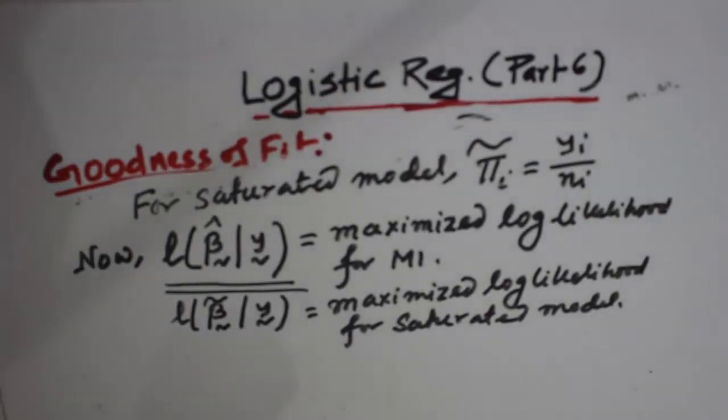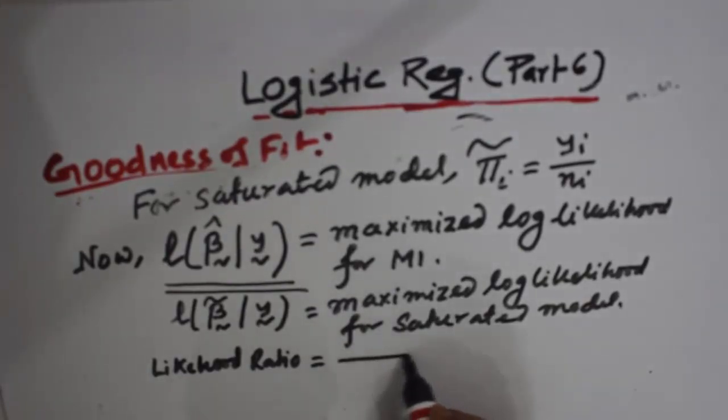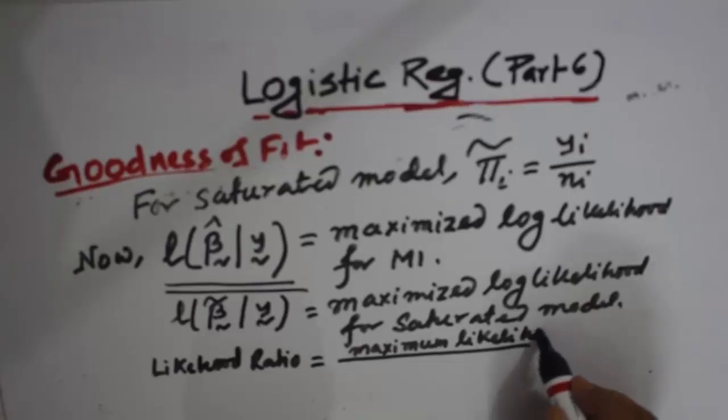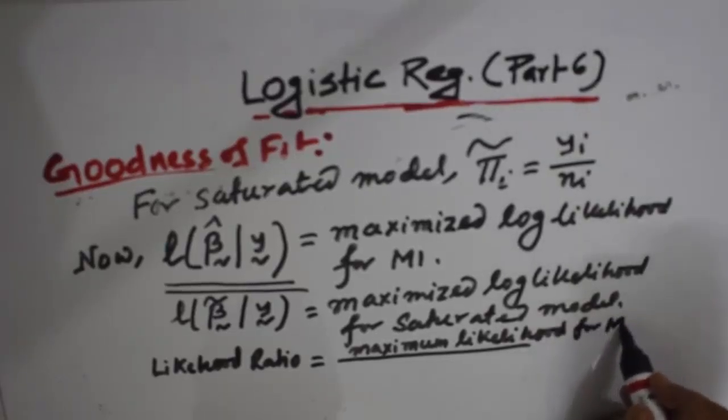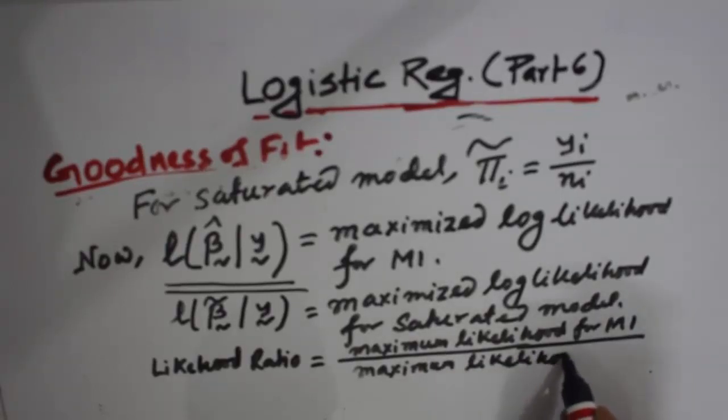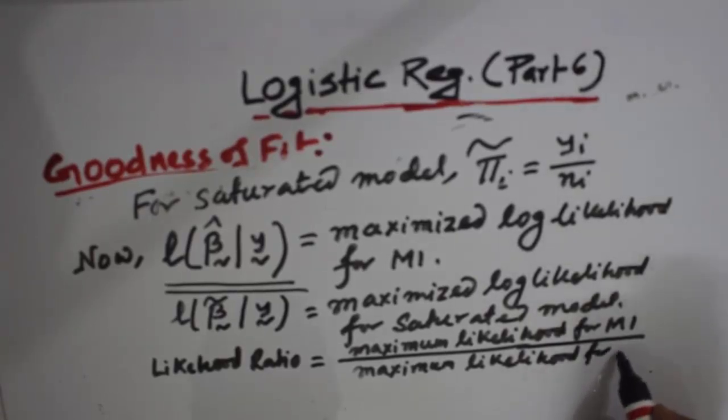Now we consider the likelihood ratio. The likelihood ratio is nothing but the maximum likelihood for M1 by the maximum likelihood for the saturated model.